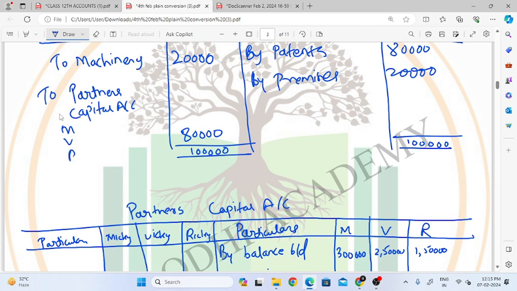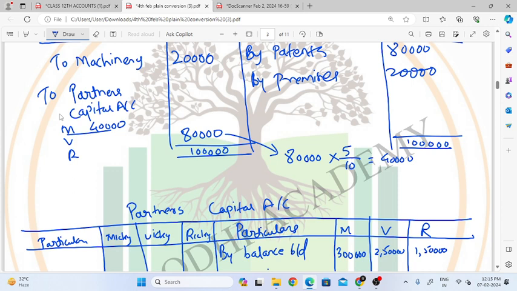Mickey, Vicky and Ricky. So 80,000 multiplied by 5 divided by 10, which gives us 40,000. So this 80,000 we distributed among the old partners. Then the next, with regards to Vicky, Vicky's ratio is 3.